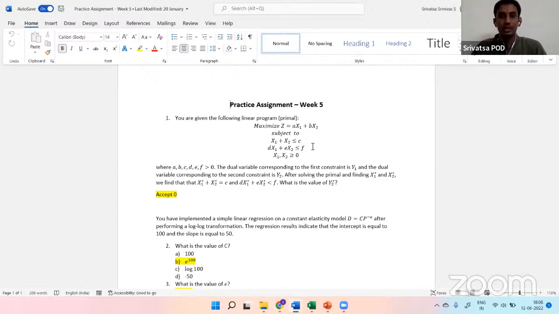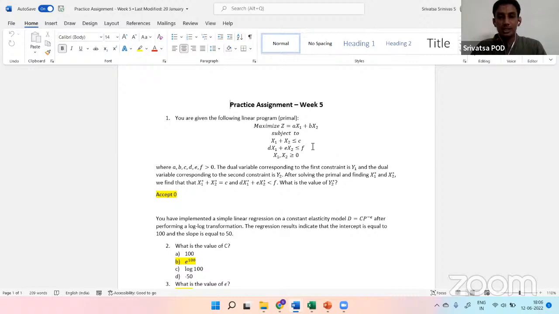You have been given a linear program with a maximization objective subject to two less than or equal to constraints. The two decision variables here, x1 and x2, are non-negative. As you can see from this formulation, it is more like maximization of revenue or profit subject to some resource constraint.